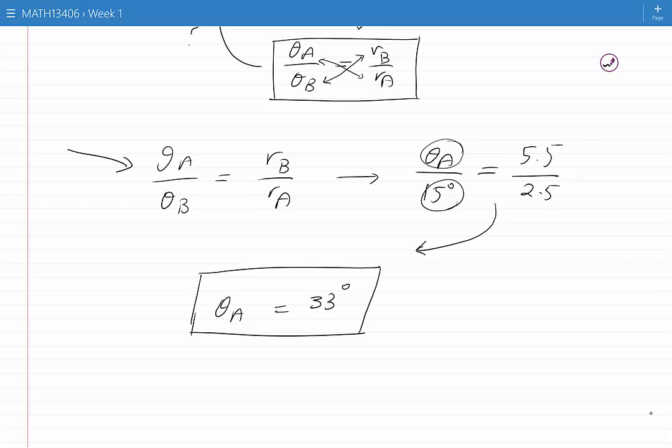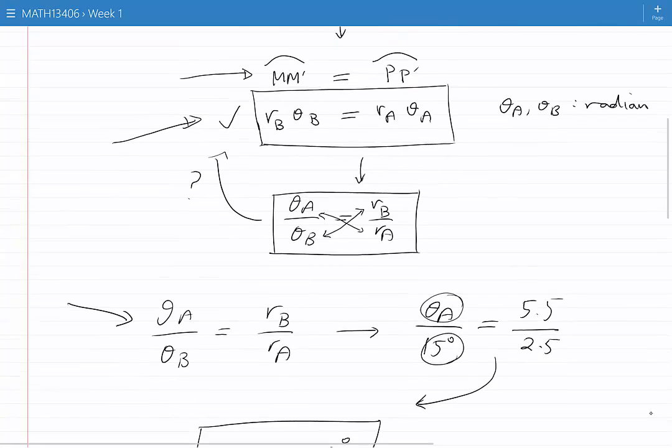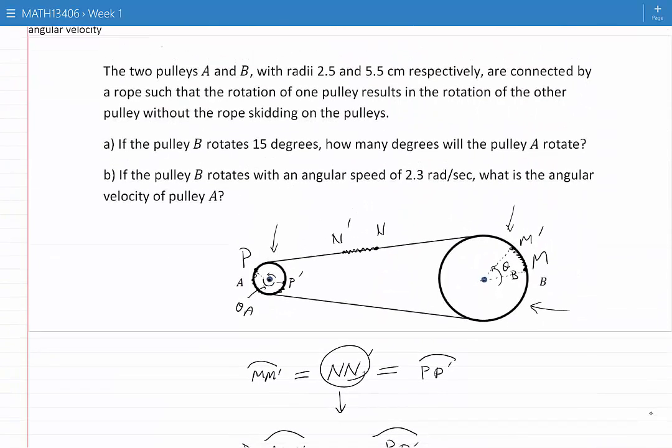Now let's look at part B. If the pulley B rotates with an angular speed of 2.3 radians per second, what is the angular velocity of pulley A?